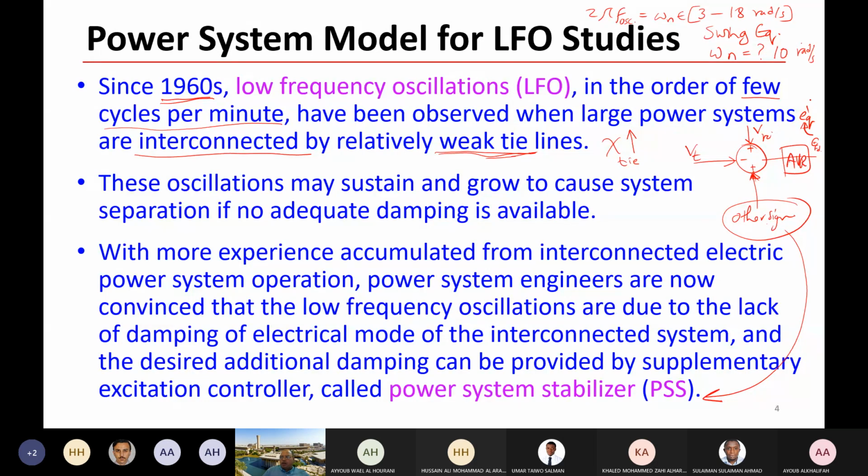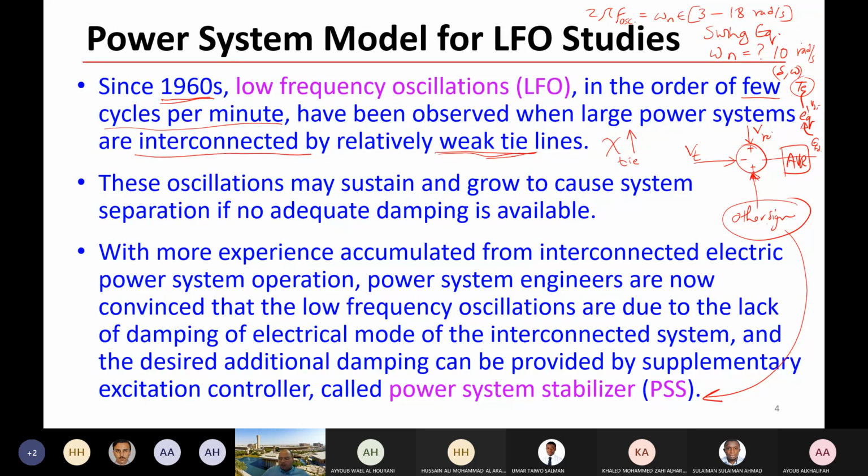And if you change the EQ prime, then you will change the electrical power or the electrical torque, TE. And this will affect the VD and the VQ, and this will affect delta and omega. So if you have such a signal here, this will affect all the states of the system.